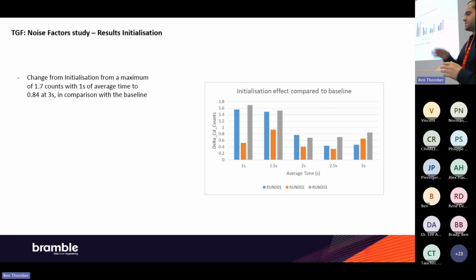But in terms of drag differences, it was quite high for 1 second of averaging, almost reaching 2 counts. But as shown before, with increasing time this converges fairly uniformly. Still, it's almost one count, between 0.8 and one count, which for vehicle development could be significant.